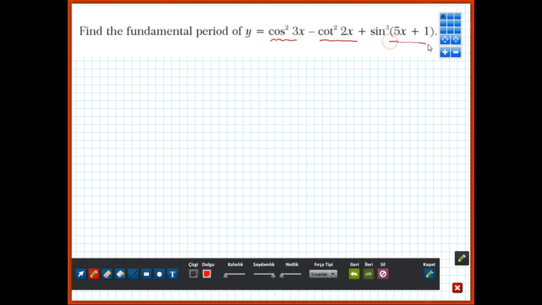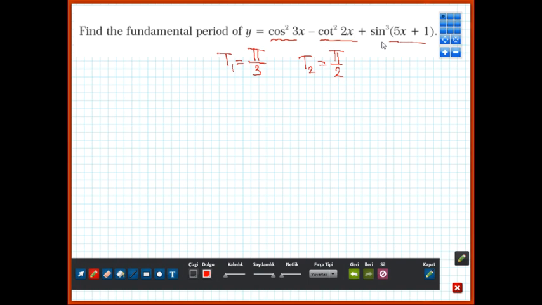We will find the period for each of the three functions. T1: as the degree is even for cosine, to find the period of this one we have to divide pi by 3. Pi by 3. For cotangent, the second one, we just have to divide pi by 2.